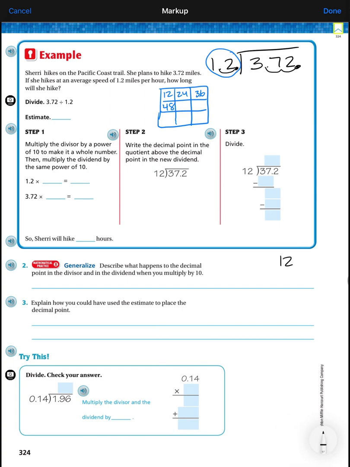So we have 12 plus 12, which is 24. So that tells me that 12 times 2 is 24, and 12 times 1 is just itself. We're going to add 12 more. That gives me 36. So that tells me that 12 times 3 is 36. And I'm going to add 12 again, which gives me 48.